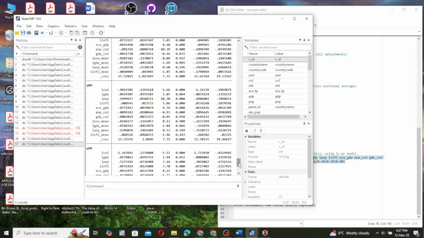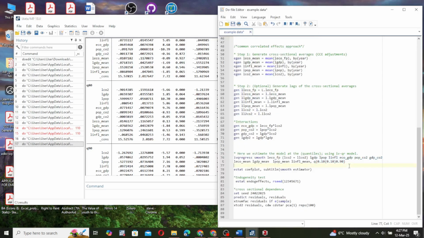So they may not necessarily be increasing their footprints, although carbon dioxide emissions may increase. So a 1% increase in carbon dioxide emissions for higher quantile countries will lead to a minus 1.27% decline in ecological footprint, and that's how you explain that.